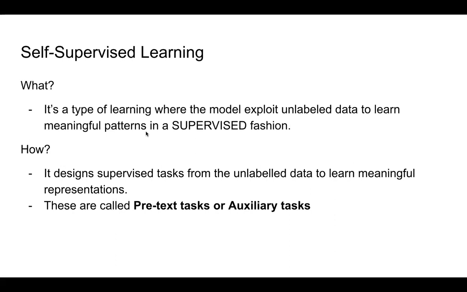So self-supervised learning is the way by which we learn some pretext tasks, which will eventually help us learn our main task or the primary task. And to learn these pretext tasks, we do not need labels because we create them.